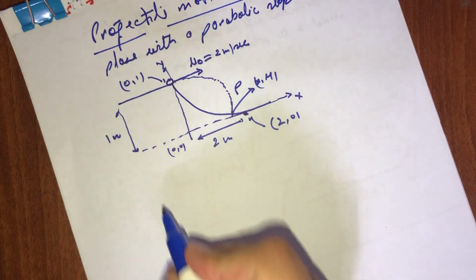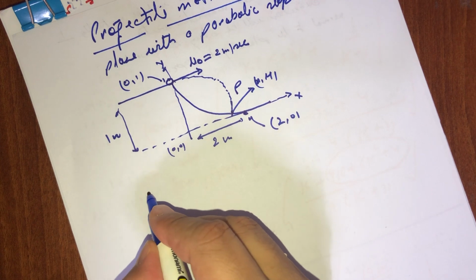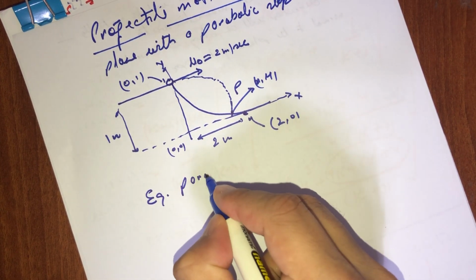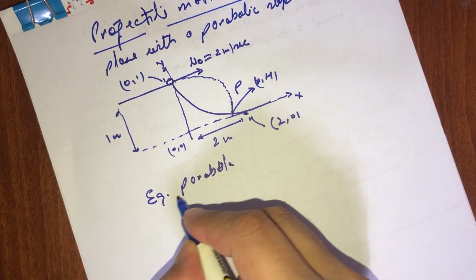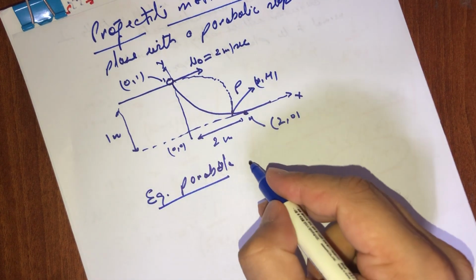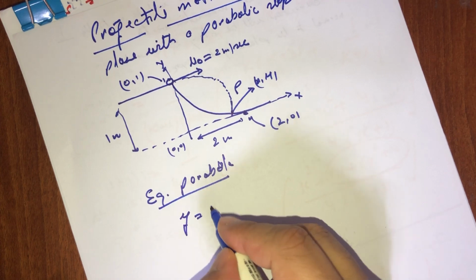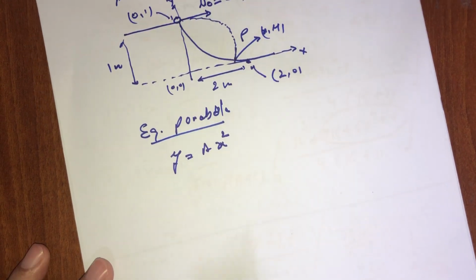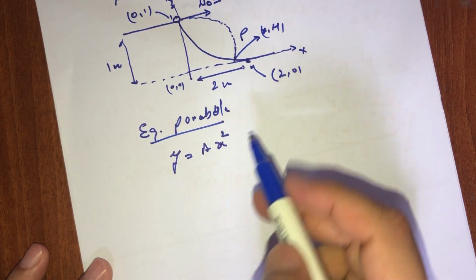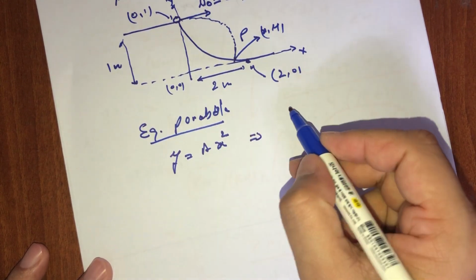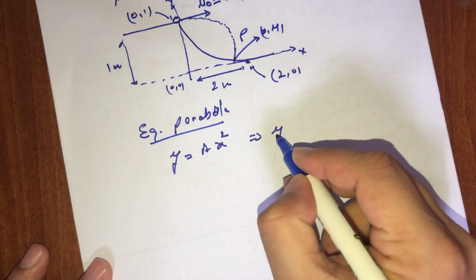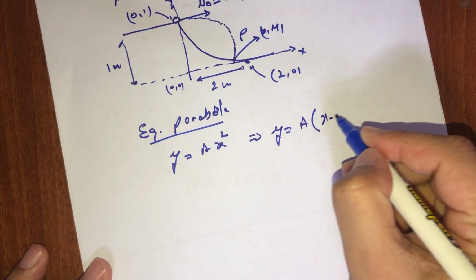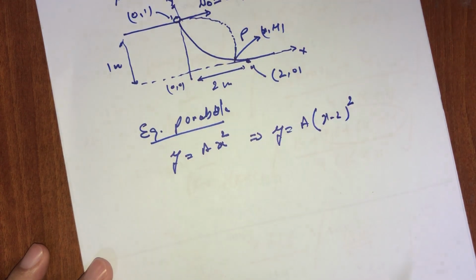So first of all, we are going to start with the equation of the parabola. The standard equation is given as y is equal to a x square. Now it is a shifted one, so we can write a modified version of this: y is equal to a times (x minus 2) whole square.